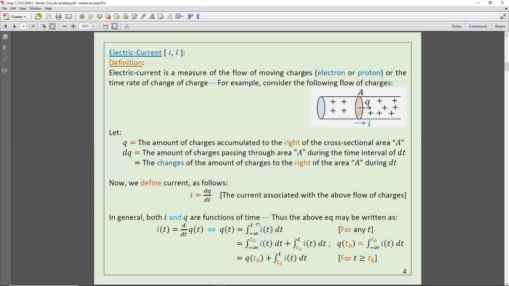Maybe I'm going to go through it again quickly. From here, we know current is the differentiation, or the time rate of change, of Q. Once you have this relation, from calculus, this differentiation can be integration this way. What I want to do here is get Q. If I have I, how can I get Q?